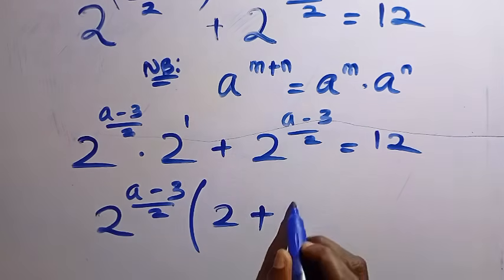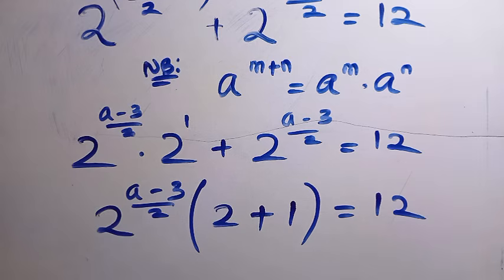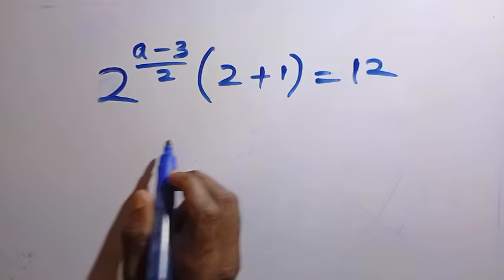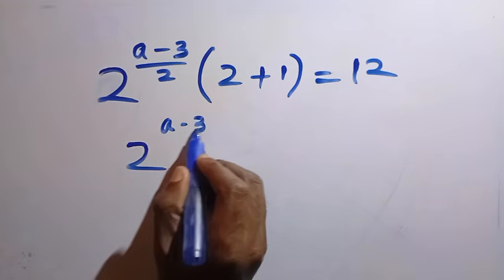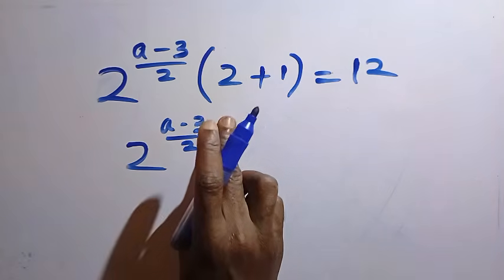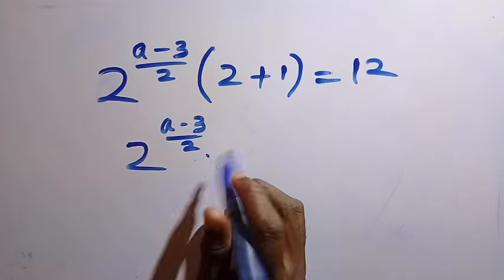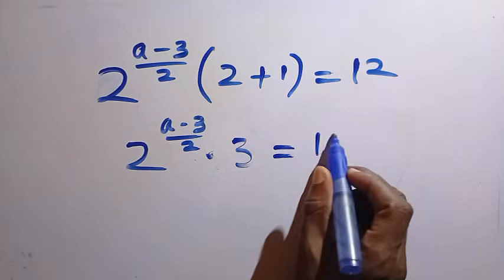This equals 12. So we have 2 power of a minus 3 over 2 multiplied by 3 equals 12.